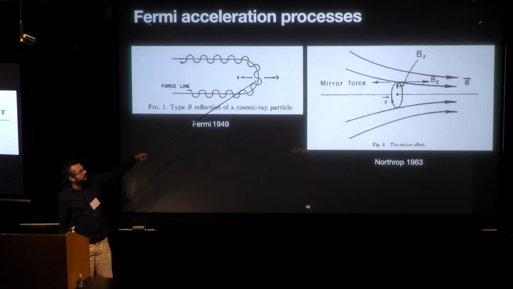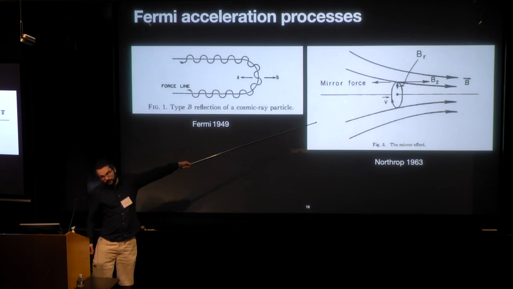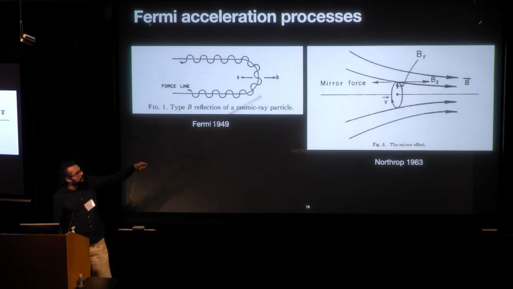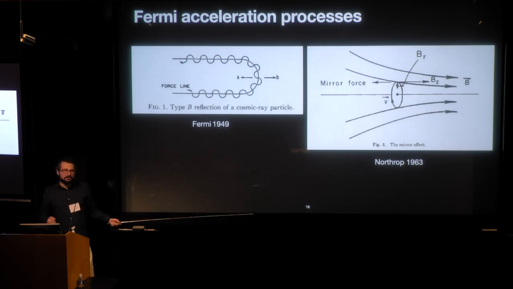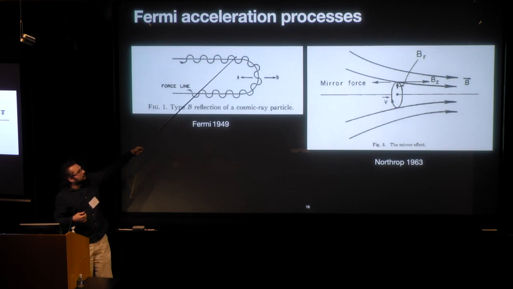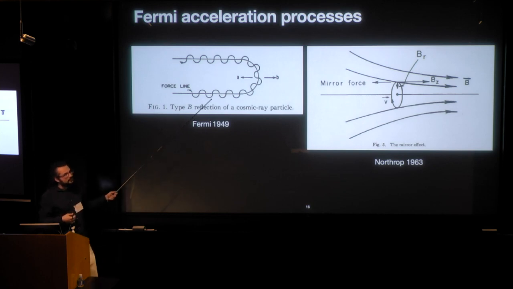For example, it can be a bending of the magnetic field line, or a strengthening of the line. This structure also moves, and the particle, like a bead on a string, can only move along this field line. It reflects from the structure and gains energy in the process.